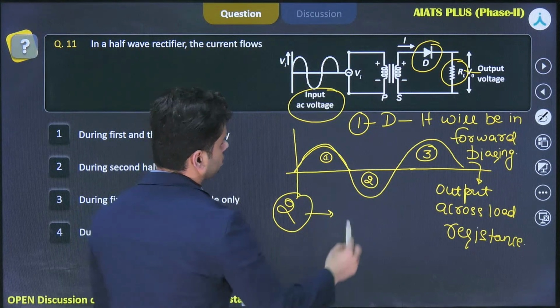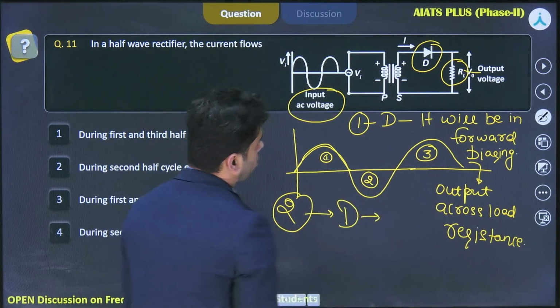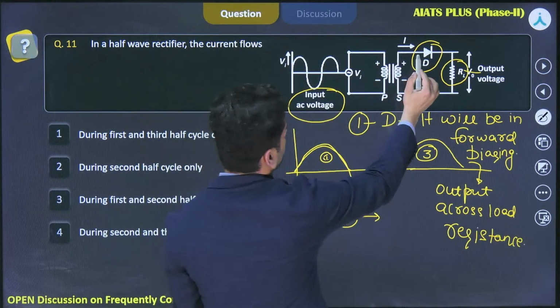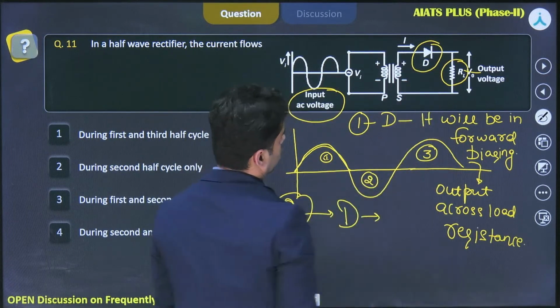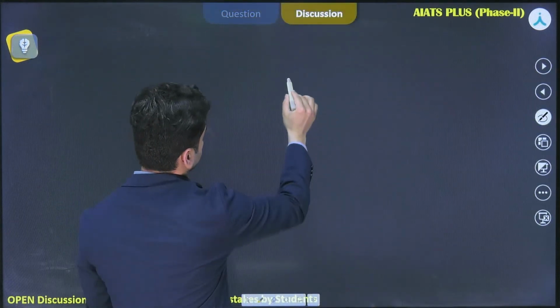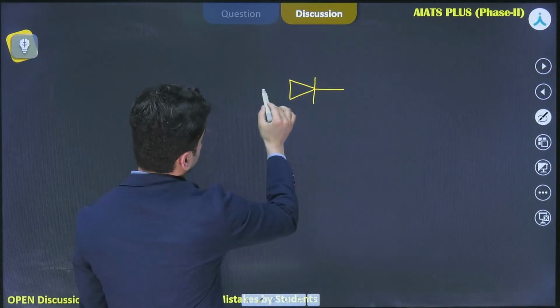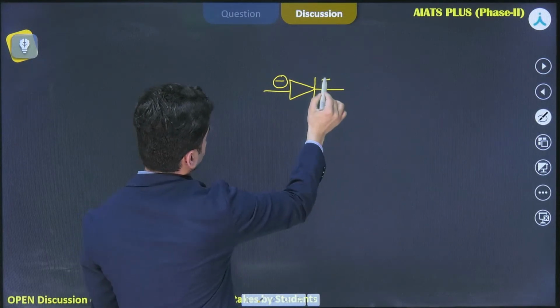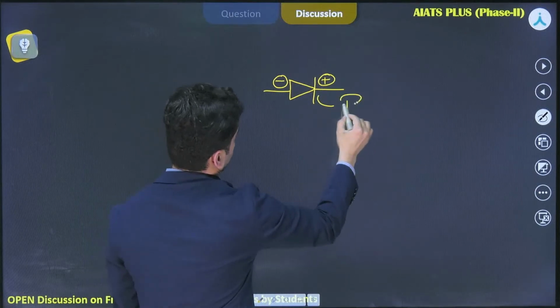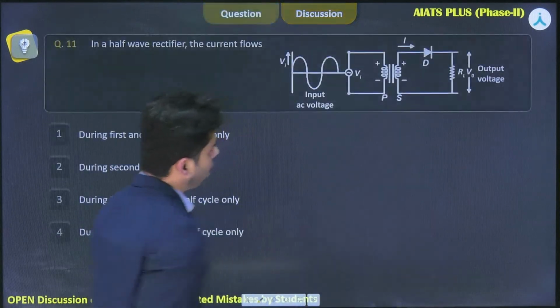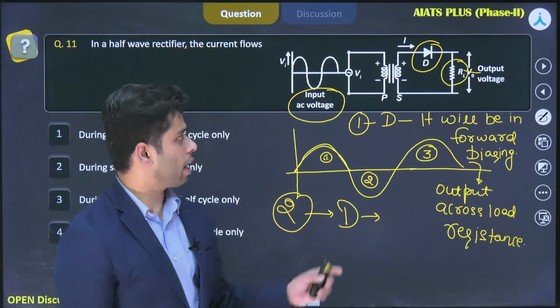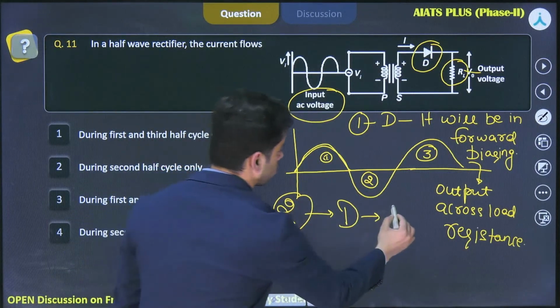Now, for the second part of the cycle, this time the polarity will be reversed. The diode will be in this condition, so this will be negative and this will be positive. So this becomes reverse biased, right? So for cycle 2, your diode will be reverse biased.